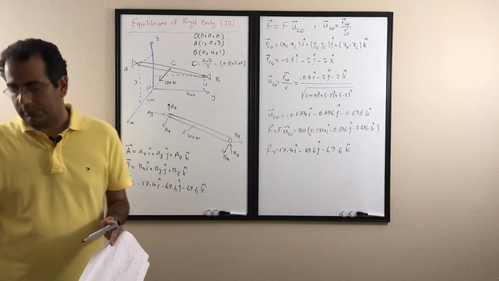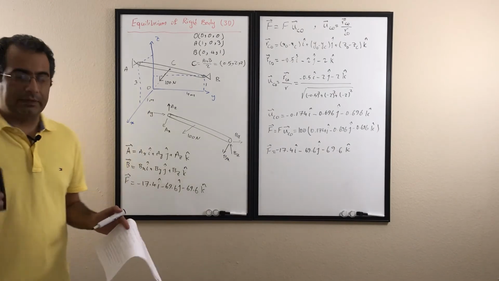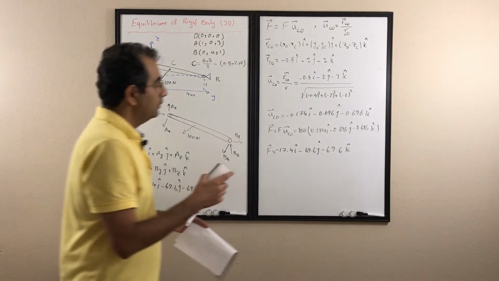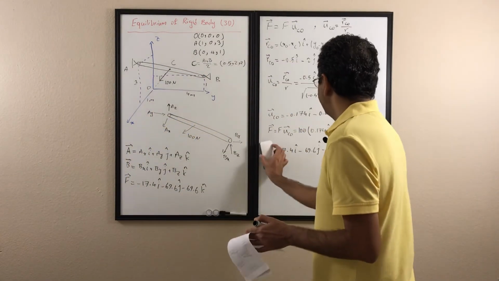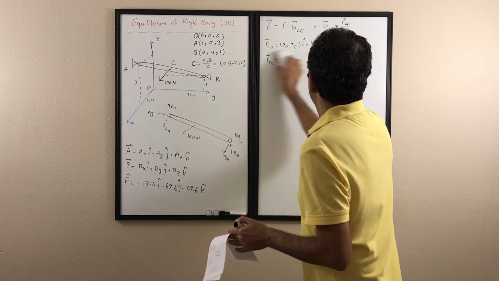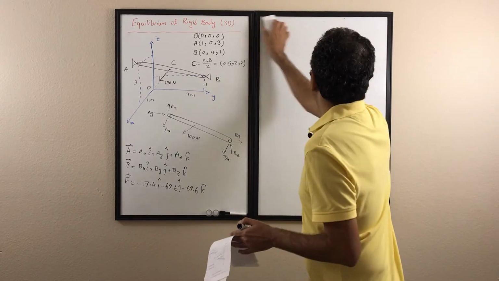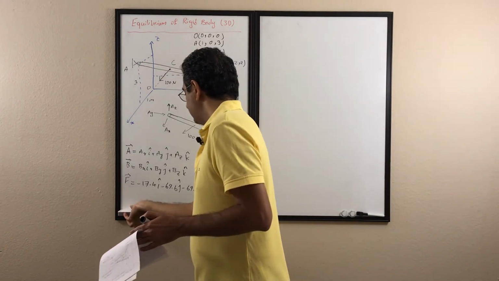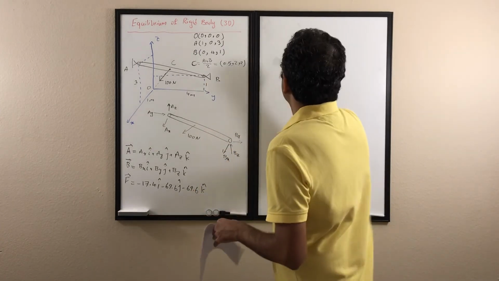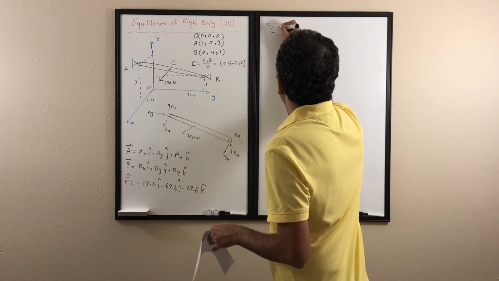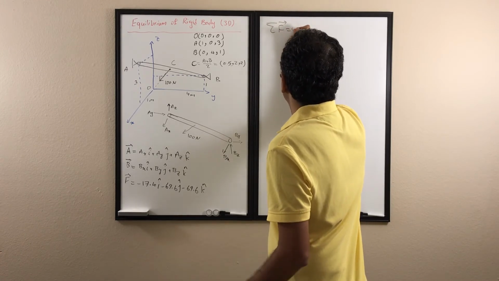Now that I have the forces, I can say that all the forces in vector format should sum to 0. So I'm going to start to write it here. I know that sigma F should be 0.